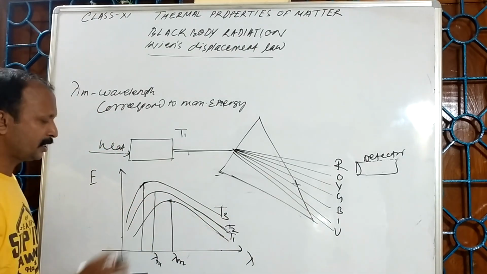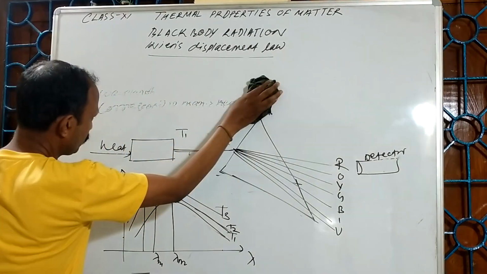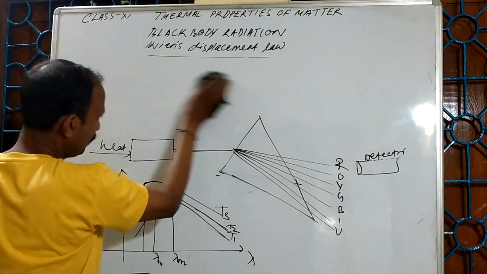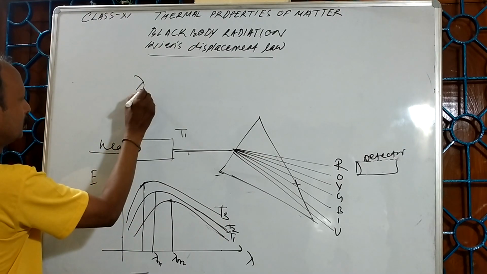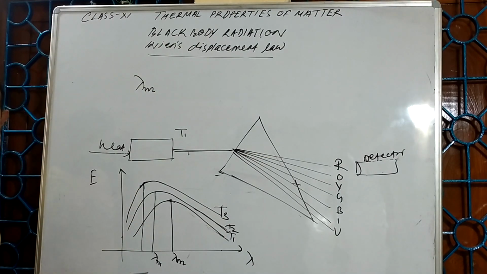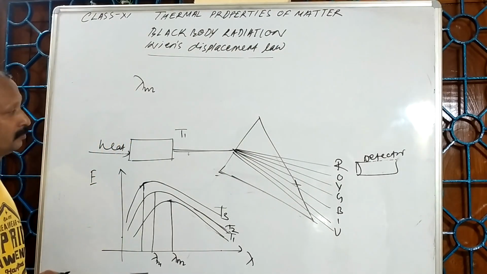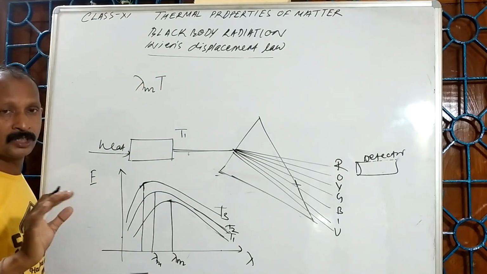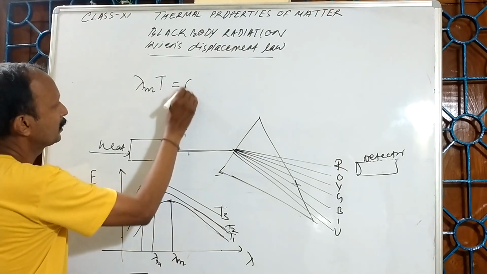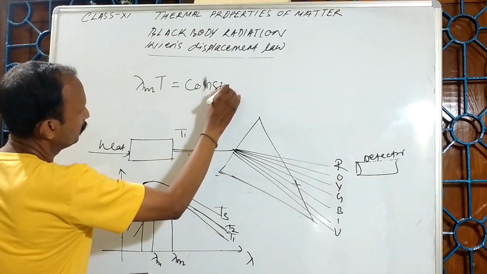But in all these cases, if I take the product of the wavelength corresponding to maximum energy and the temperature T, I shall get one constant term.